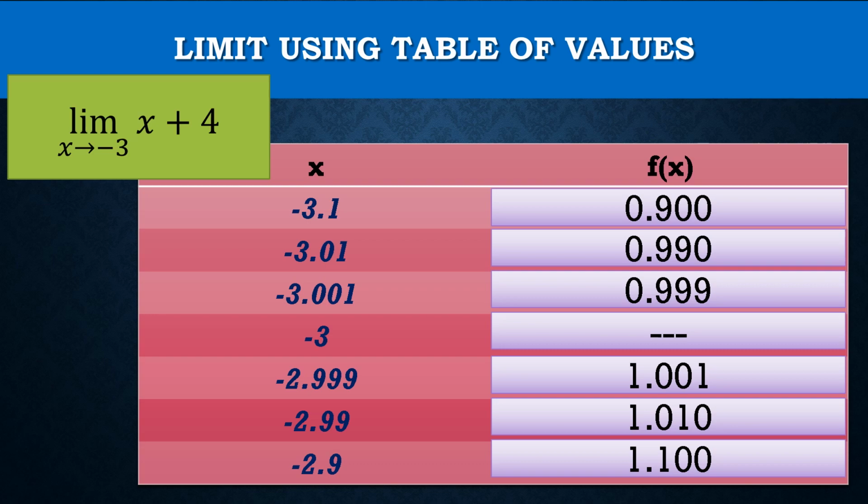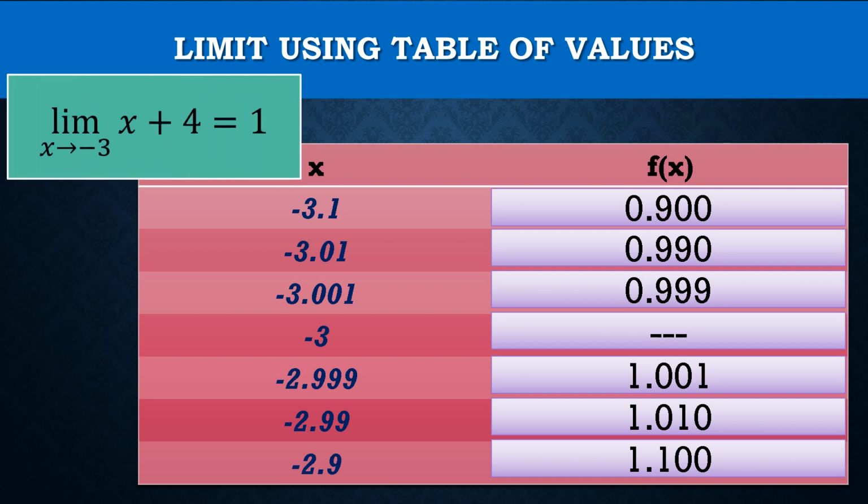Tingnan naman natin yung values ng mga f of x as our x approaches negative 3 from the right. So from 1.1, naging 1.01, naging 1.001, and we are also approaching a certain value of f of x if x is equal to negative 3, and that is 1. Thus, the limit of the function as x approaches negative 3 is equal to 1.